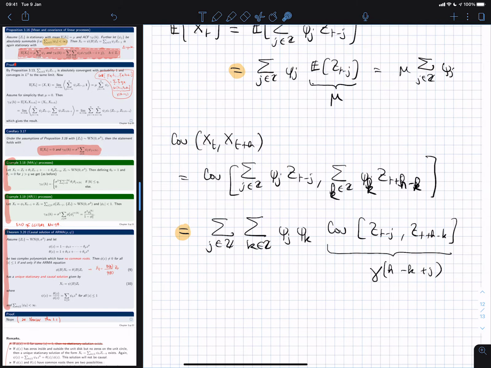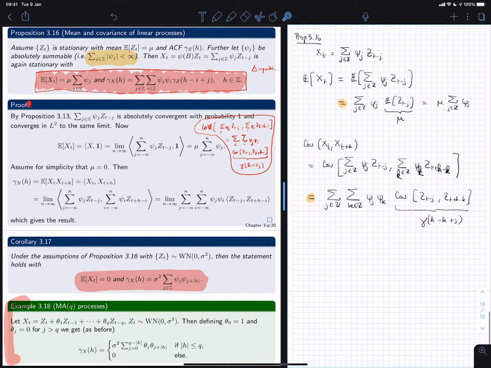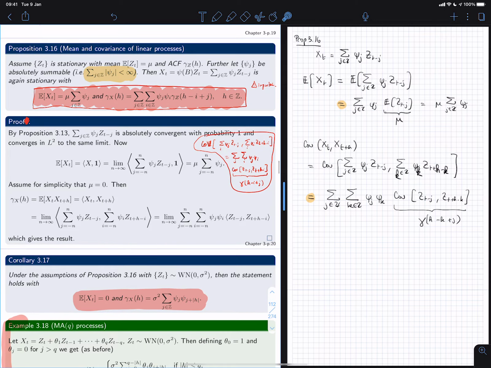And what's remarkable in this theorem is that in order to be able to do this step and this step, all you need is to be able to exchange expectations and limits, and for this all you need is to have the convergence in L2, and this is guaranteed by that condition here.